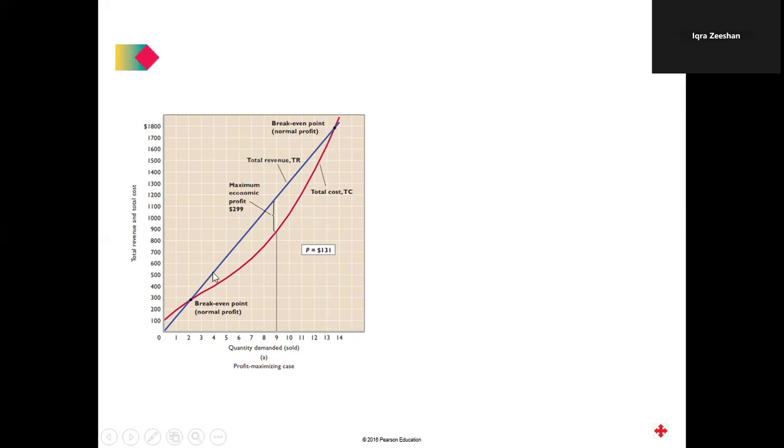And if TR is lying above the total cost line, that means that this area indicates profit, and the maximum distance between TR and TC will show you the maximum profit, and the production level where profit is maximum, the firm will choose that output. In this case, it will choose 9 units of output.